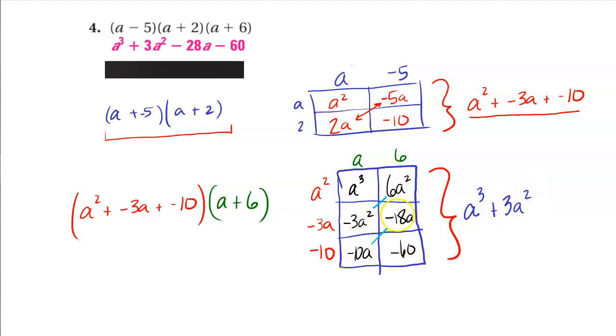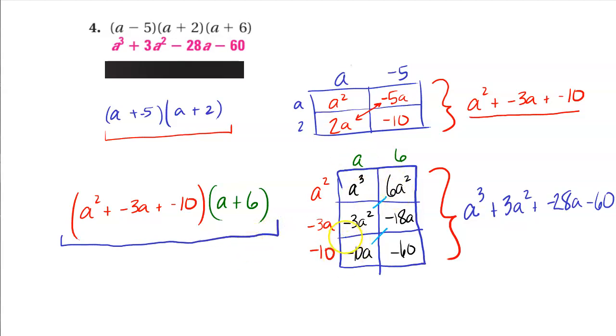And then I'm also going to combine these a terms, negative 10a plus negative 18a, to give me a grand total of plus a negative 28a. And then we have a minus 60 in there that can't be combined with anything. So that's going to be the result of this multiplication right here.